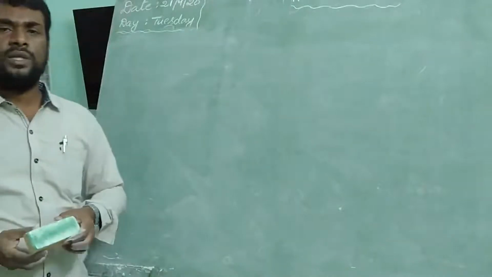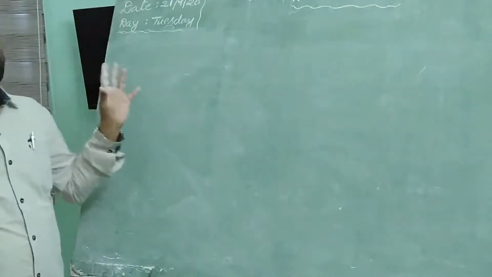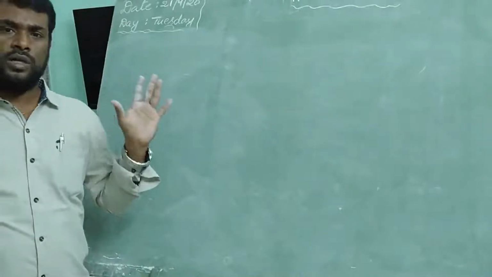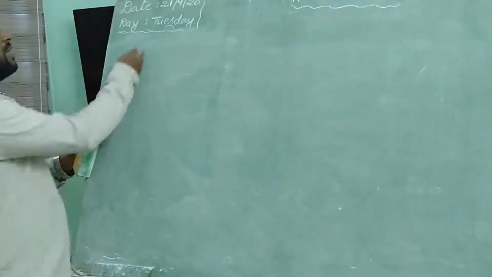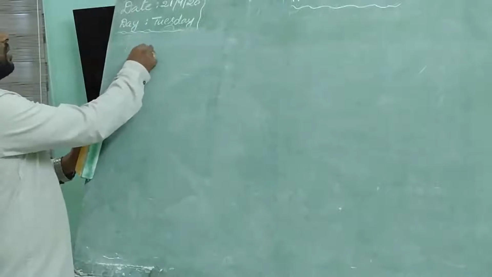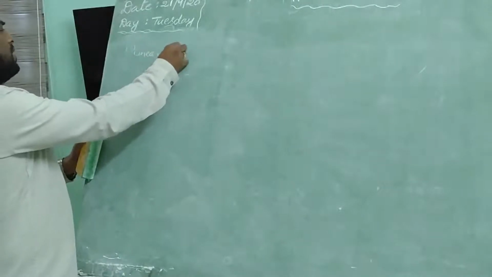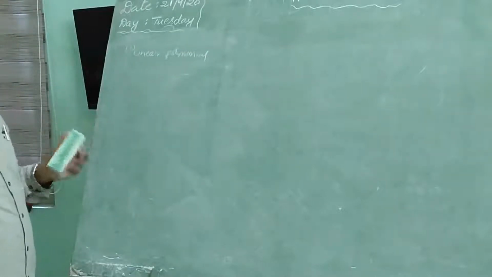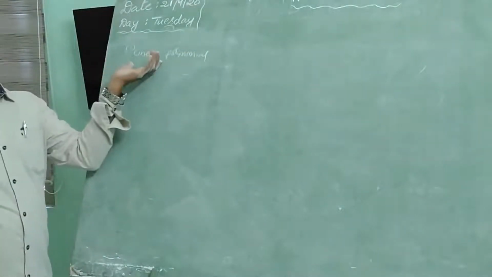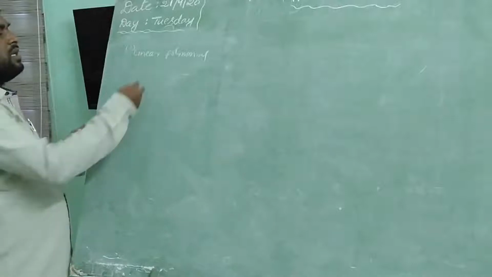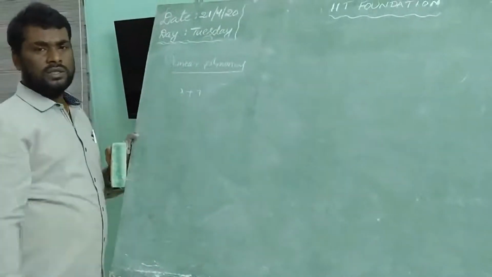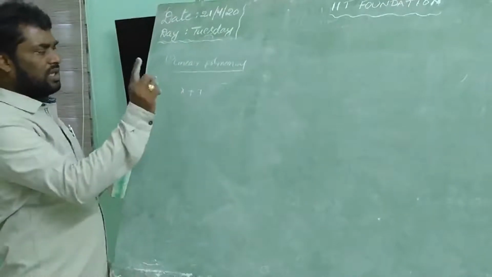Now, the next concept is how many zeros there are for different kinds of polynomials. First, I am taking linear polynomials. How many zeros does a linear polynomial have? Suppose we take one linear polynomial, x plus 7. How many zeros does it have? It has only one zero.